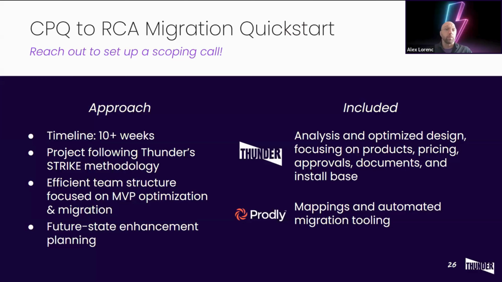We use Prodly for all of our formerly CPQ and now RCA projects, so that would be included as part of our quick start here. And then for long-term maintenance and your ongoing business as usual, whether with CPQ or with RCA in the future, you can of course work with Prodly directly to improve your DevOps process.